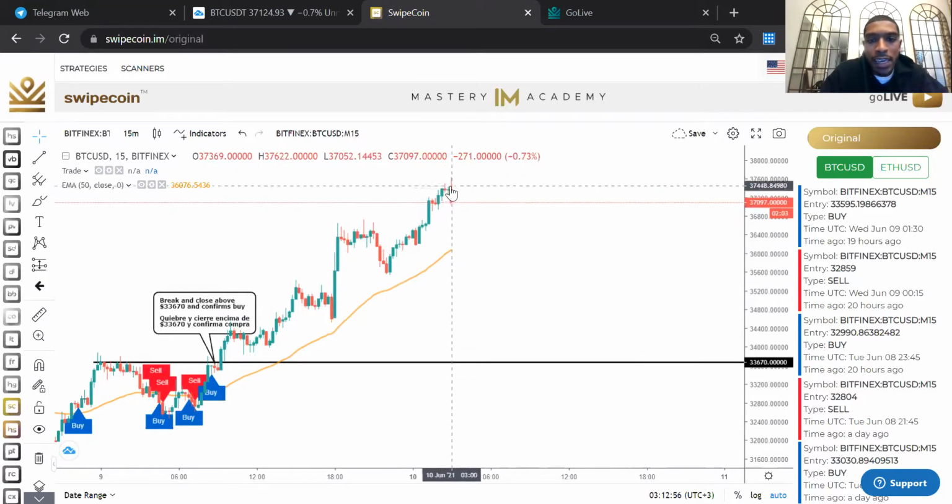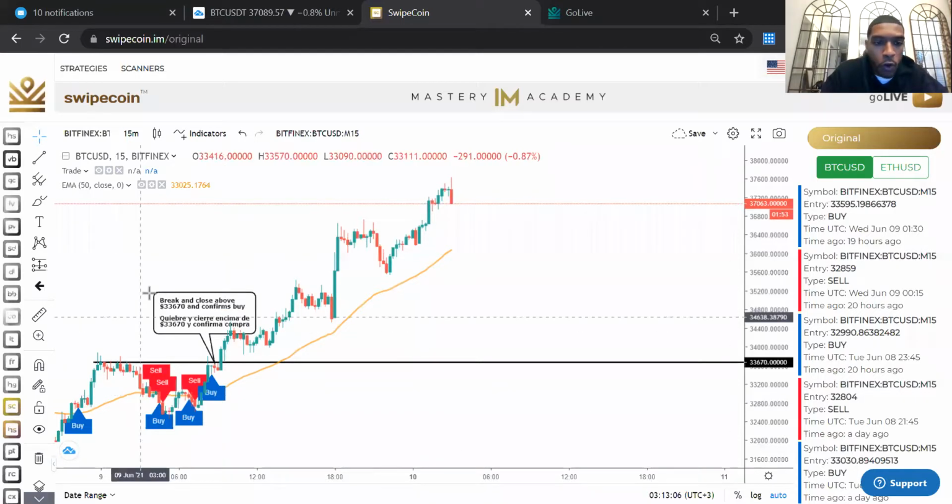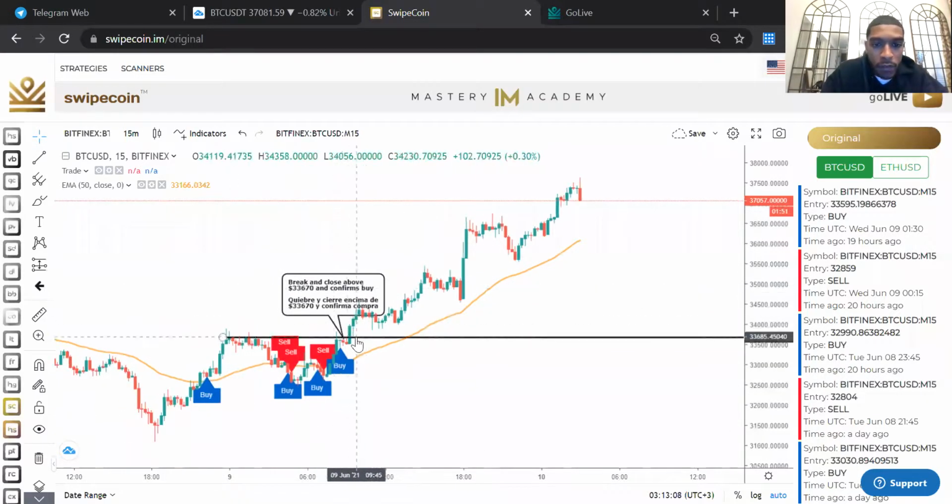That will mean that this candle of 15 minutes worth of price action has now closed. So where it says break and close above, you're looking for this particular candle to break and close above this line.